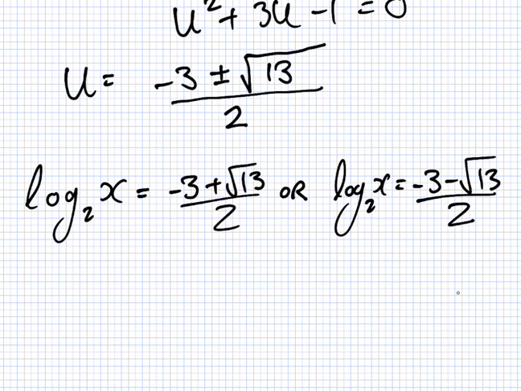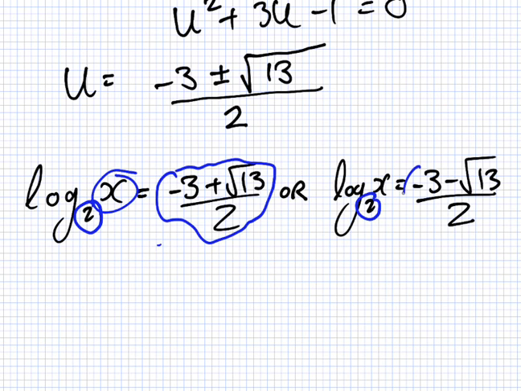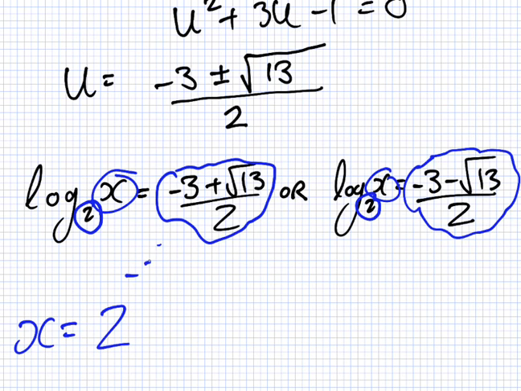Now to find the x, we just need to remember what log means. Log means 2 to this power is x. So we can say x equals 2 to the power of (minus 3 plus root 13 over 2), or 2 to the power of (minus 3 minus root 13 over 2).